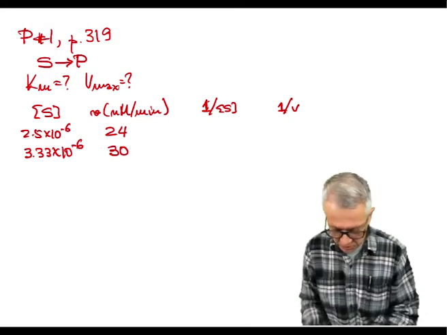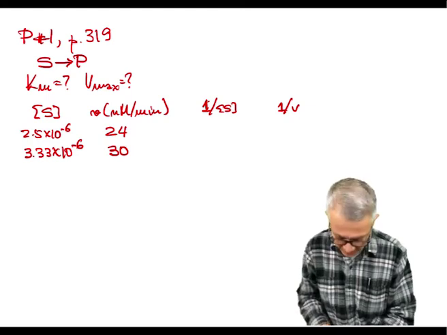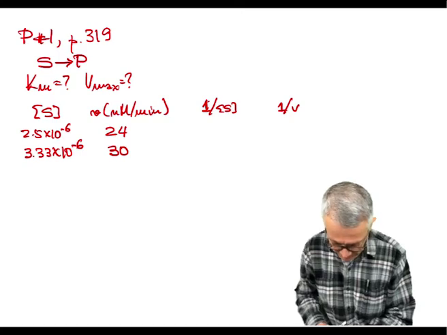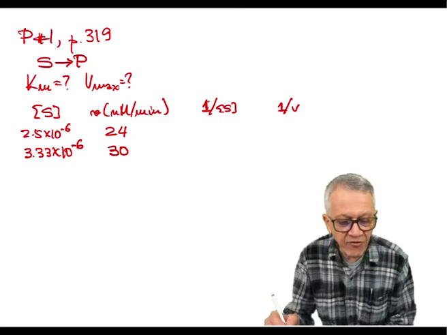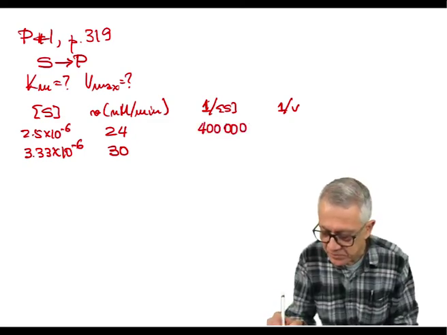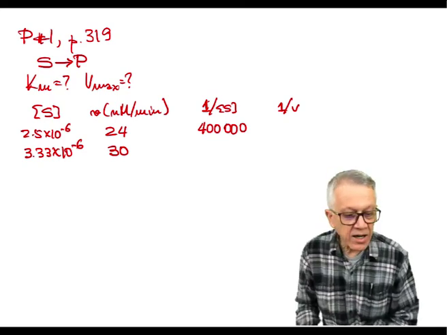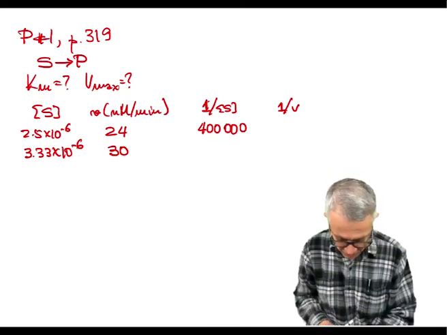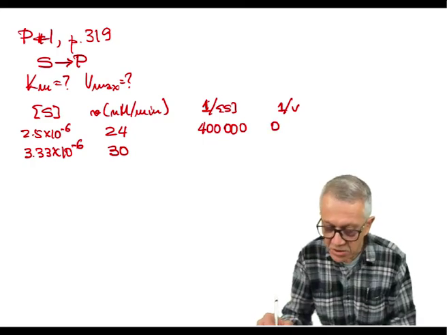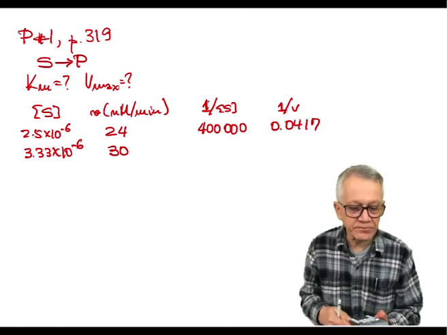So for 2.5 times 10 to the power of negative 6, the inverse is going to be equal to 400,000. And now we pick up the velocity, that's 24, and invert this velocity, and we are going to get 0.0417. Okay.